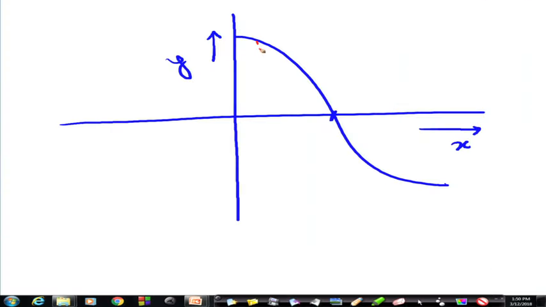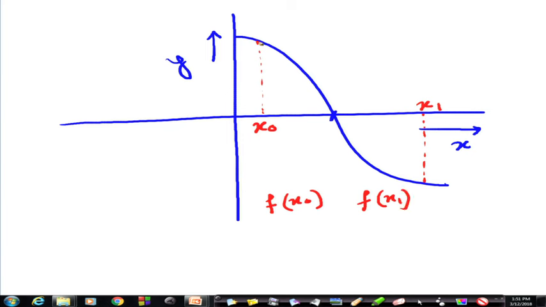First, we start by finding two arbitrary points, say x0 and x1, such that f(x0) and f(x1) are of different signs.